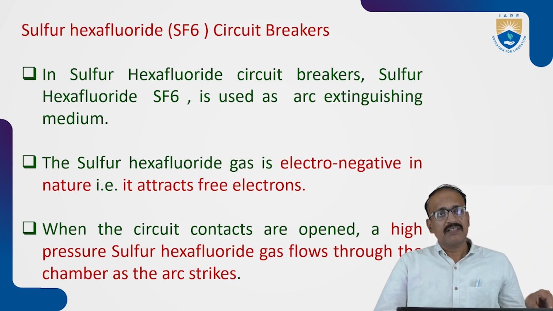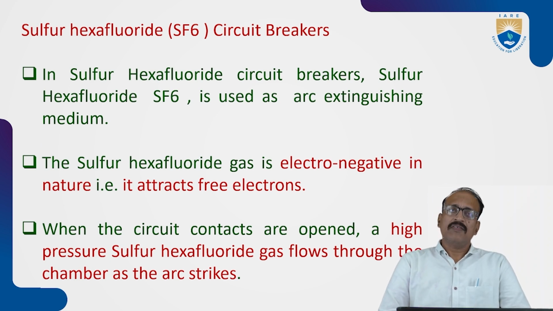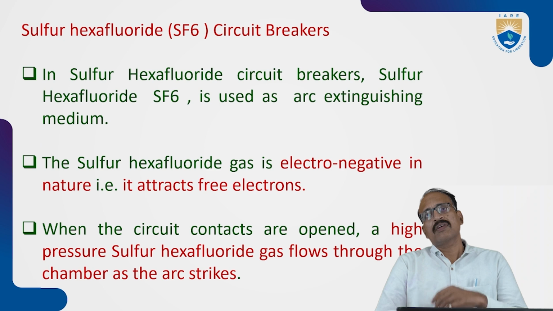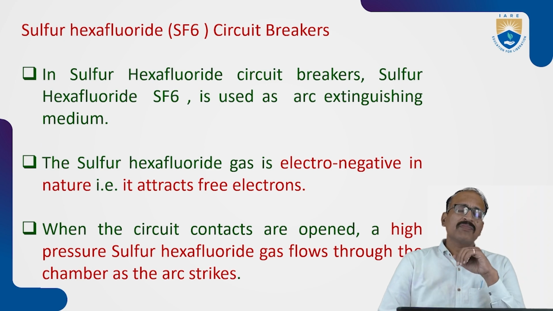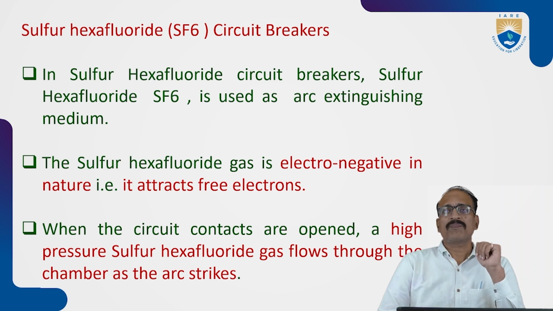The main thing in the sulfur hexafluoride circuit breaker is that it is electronegative. That means it attracts the free electrons, so indirectly it is able to stop the arc as early as possible.